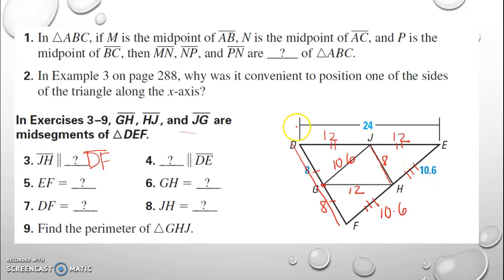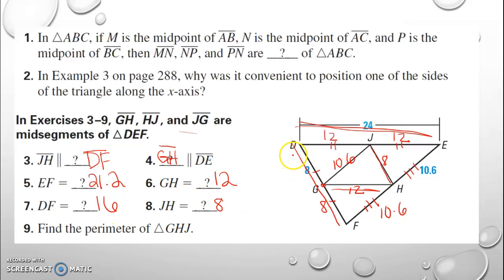Side DE is up here, so parallel to that will be side GH. The length of EF, we said each of those were 10.6, which means the whole thing will be 21.2. GH we already found to be 12. DF, if each of these are 8, this whole thing will be 16. JH we already found to be 8.